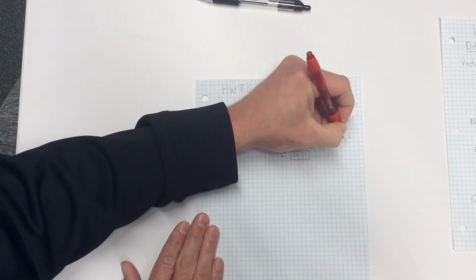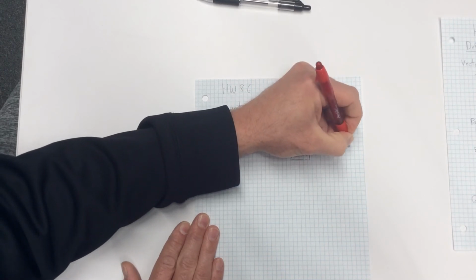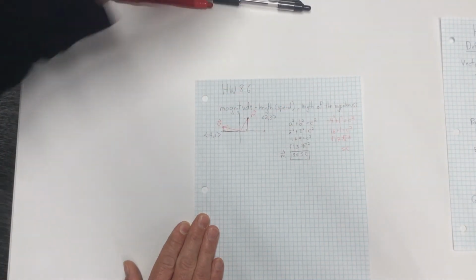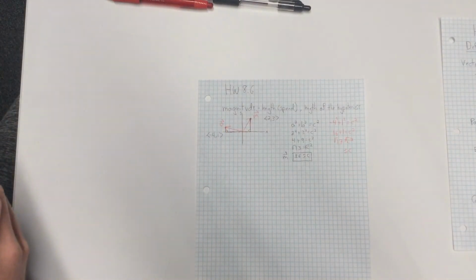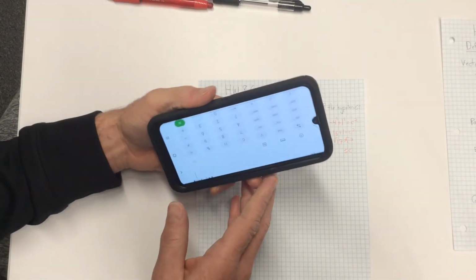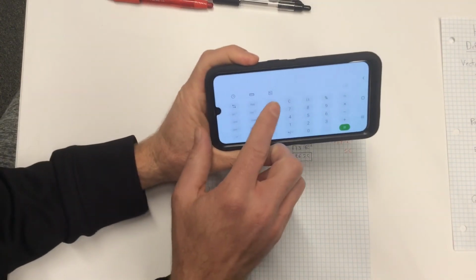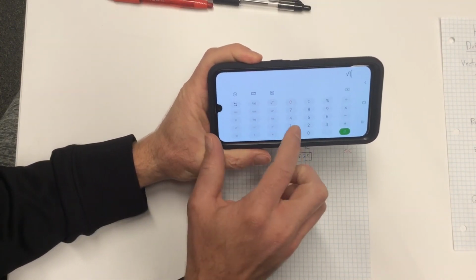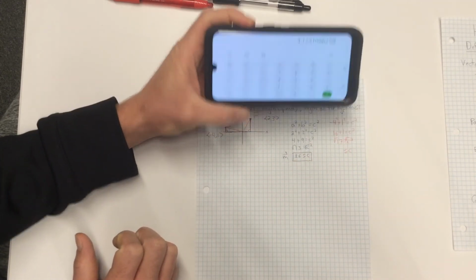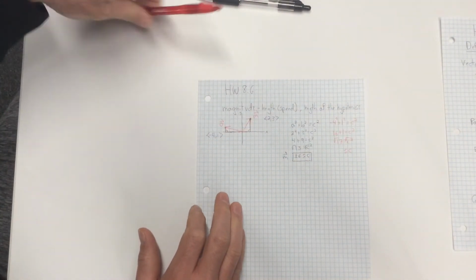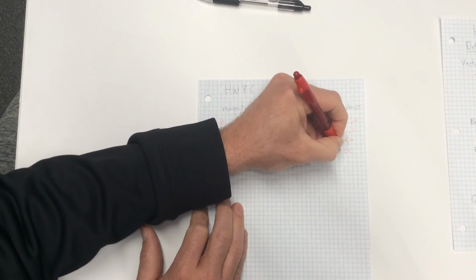Square root both sides. So therefore c is approximately, this one I haven't calculated already, so here we go. Use our calculators, square root of 17, 4.1. So this one, as you can see, has a greater magnitude.